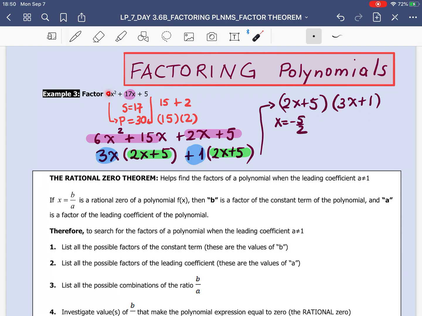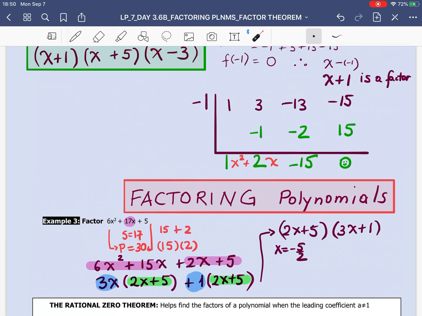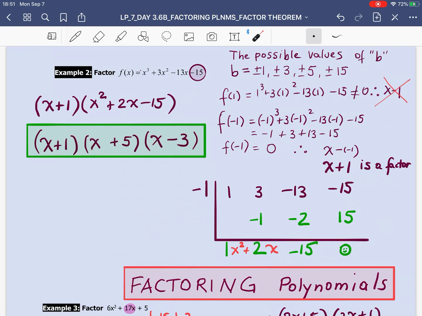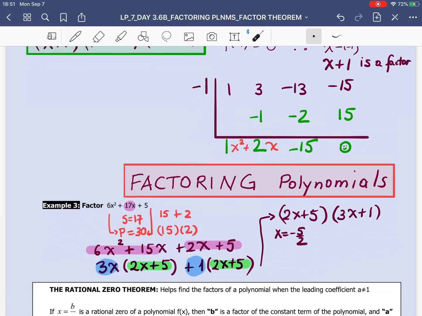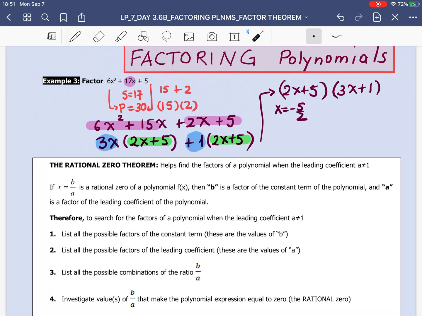So the question becomes, when you use the factor theorem, how do you figure out these numbers? Now remember that when we factored polynomial expressions where the leading coefficient was 1, we only looked at the last term, the constant term, and we searched for the values of b based on the value of the last term. So we said that the possible values of b are the factors of the constant term. When you factor polynomials where a is different than 1, this doesn't change.